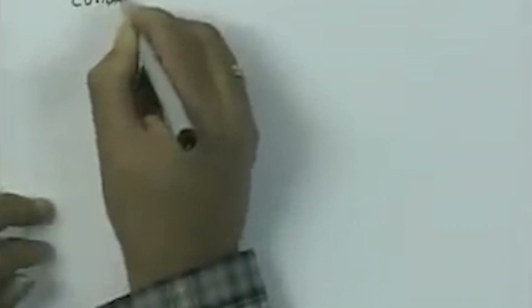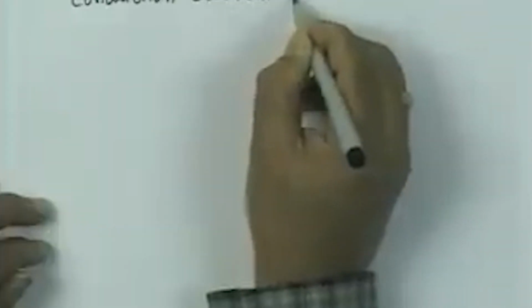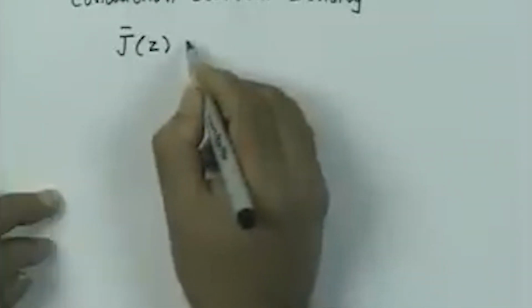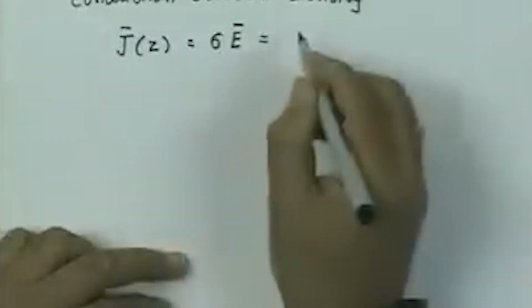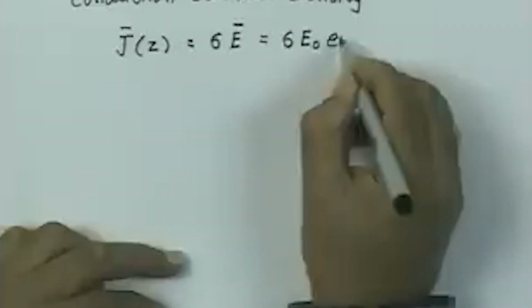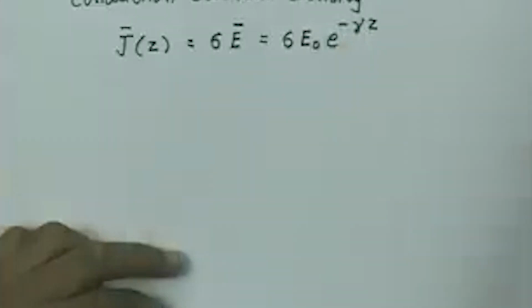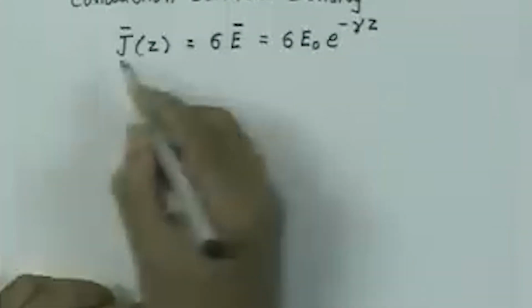So, we have conduction current density J, which will be a function of Z, and that will be equal to sigma times E at that location Z, which is nothing but equal to sigma E0 e to the power minus gamma Z, and since I am assuming that the electric field is oriented in x direction, I can take the direction of this conduction current density as the x direction.